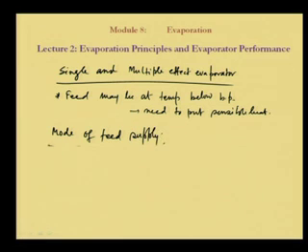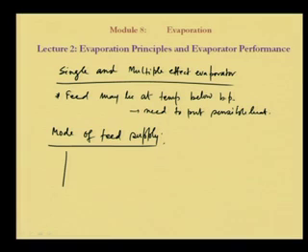As I already told, it is customary that the evaporator in which the external steam is fed is called the first effect. So one is the steam supply, external steam supply, and another is the feed supply. Depending on the mode of the feed supply, it can be divided into 4 types.